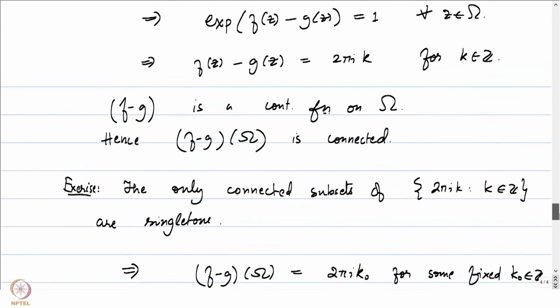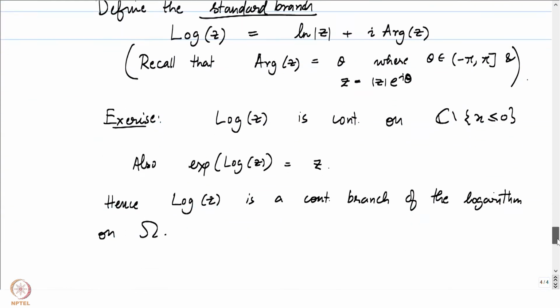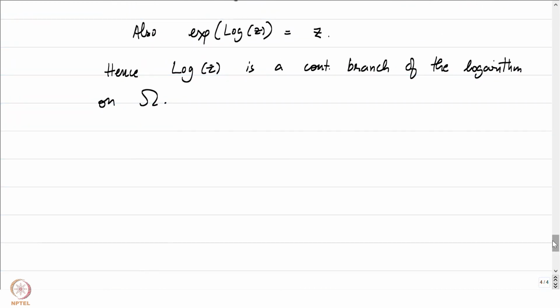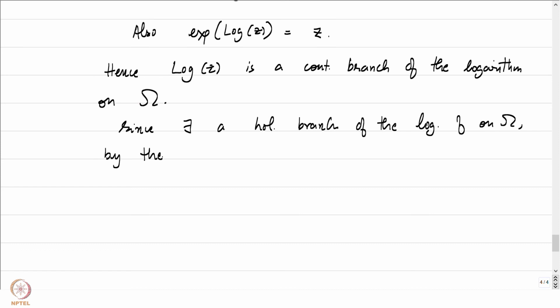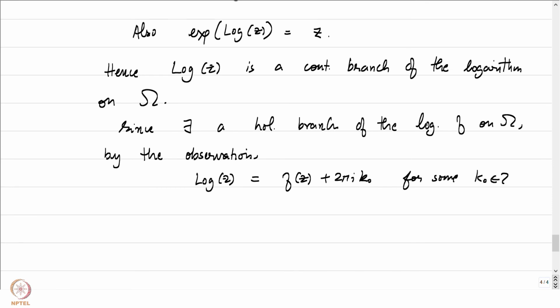But we just checked that any two continuous branches should differ by 2 pi i k. Since there already exists a holomorphic branch of the logarithm, which we had denoted by f on omega, by the above observation, capital Log of z is just going to be equal to f of z plus 2 pi i k naught for some fixed integer k naught.